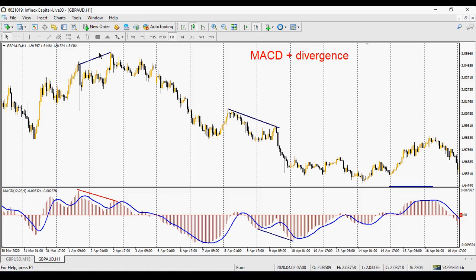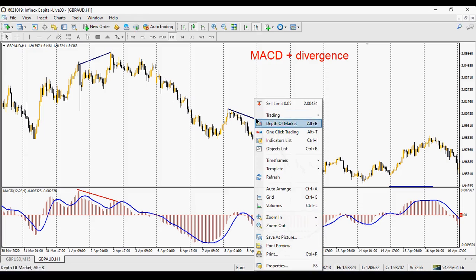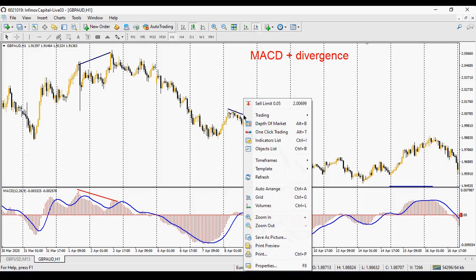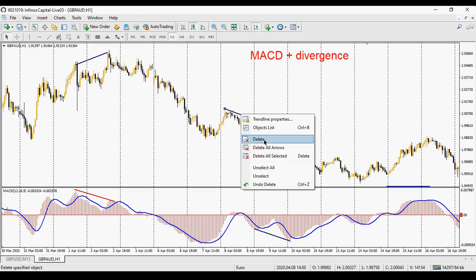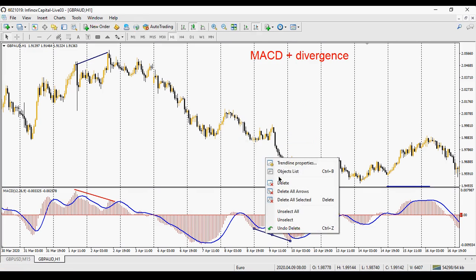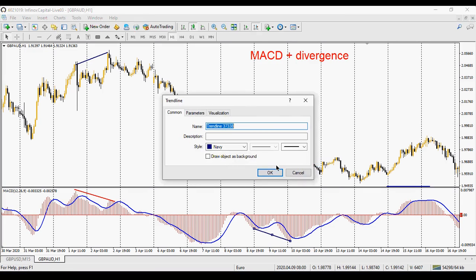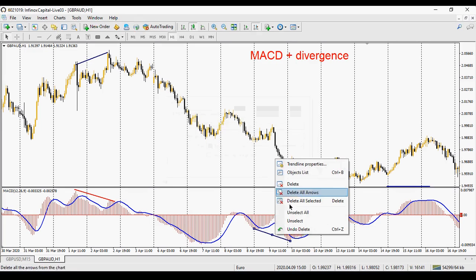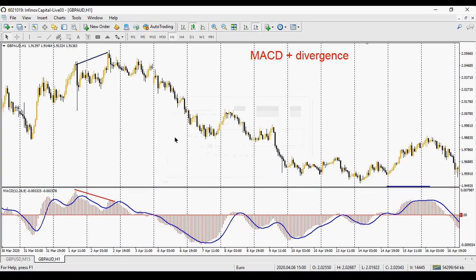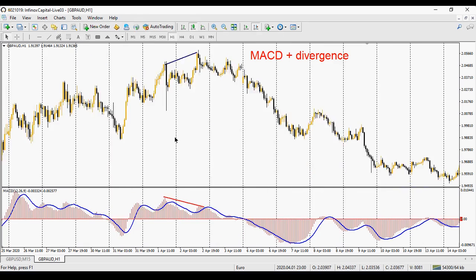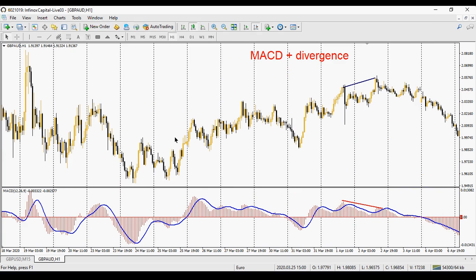You can see price was bullish here and then it turned bearish, so there's a difference. But this is not a divergence. You need to know the difference between what a divergence is and what it is not. So let's scroll back and see areas where we can see divergence.